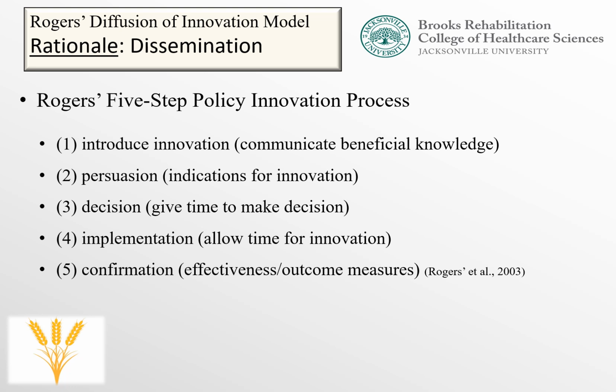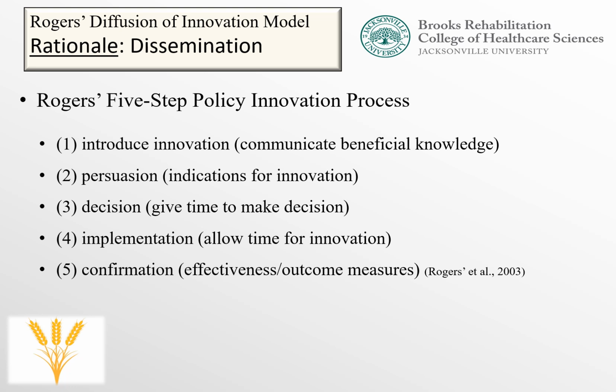And the first step would be to introduce the innovation by communicating the beneficial knowledge of the new proposal. And then the second step would be to persuade the stakeholders for the indications of the proposal. And step 3 would be allowing them to make a decision and give them time to make that decision.